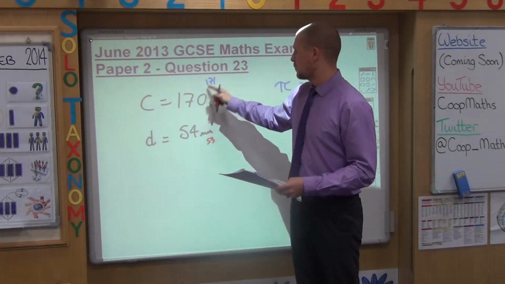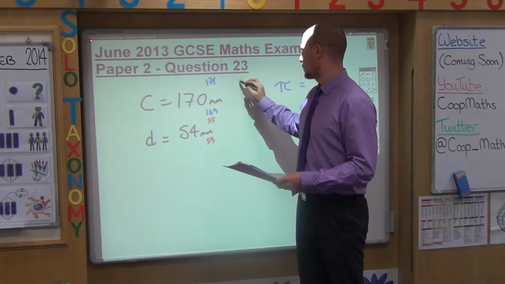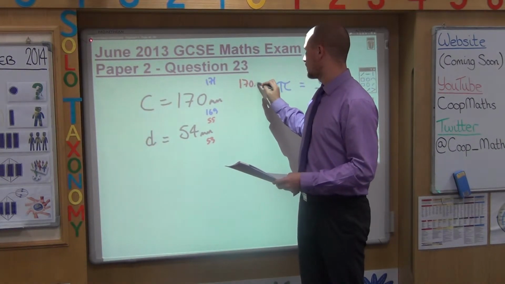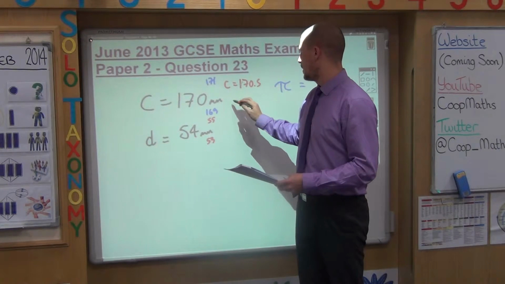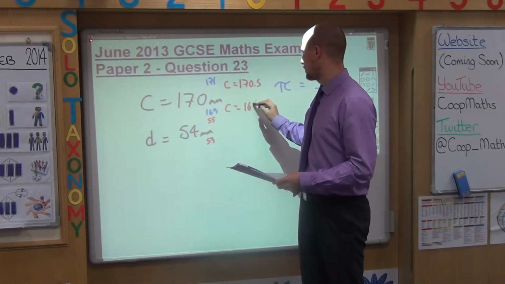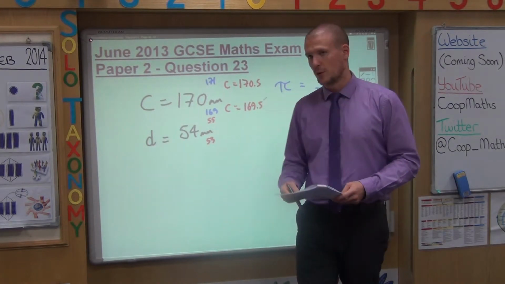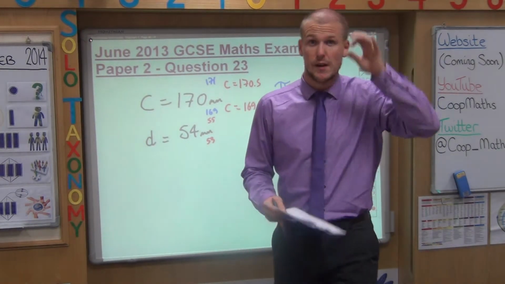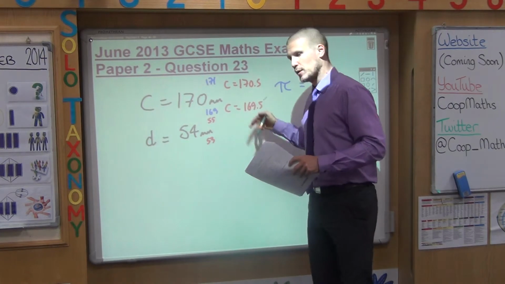So here, halfway between those two is 170.5, so that's the biggest C can be. And then halfway between those two is 169.5. That is the smallest C can be. So if you're looking at C alone, that is its upper and lower bounds.